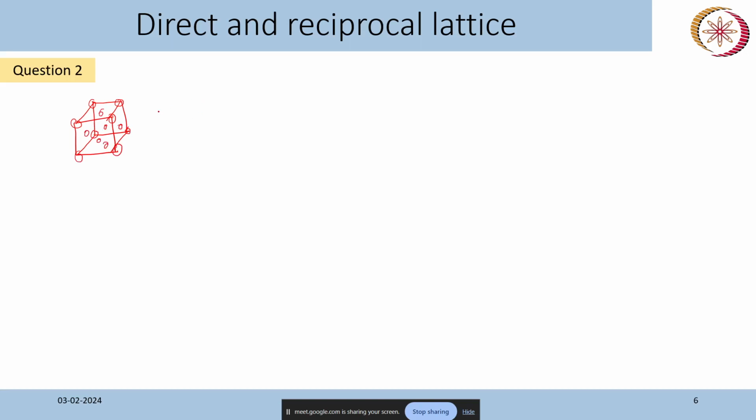So the number of atoms, as we have calculated in the last question, is equal to 4.